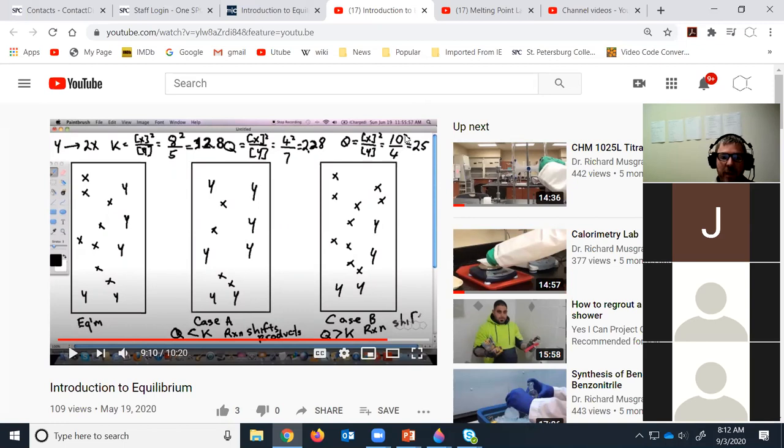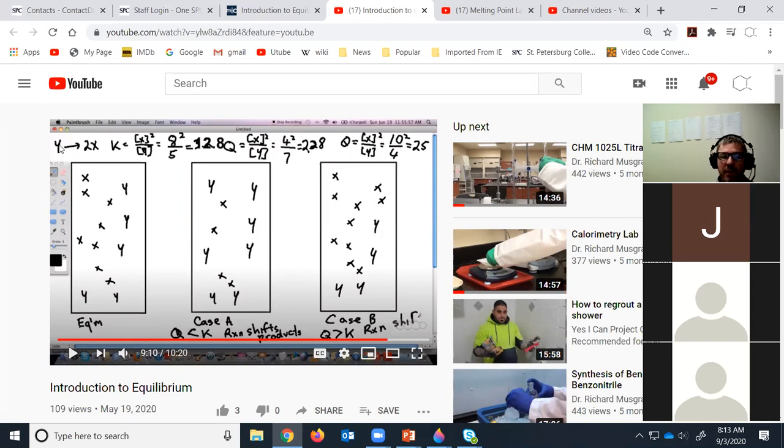So that's 10 squared, which is 100, divided by 4, the number of y's, which comes out to be 25. This is more than 12.8. So the number for Q needs to go down in order to get to equilibrium. In order to make that number smaller, the number of y's must increase and the number of x's needs to go down. And that's what's going to happen. So this would shift towards the reactant side to produce more y to get to equilibrium.